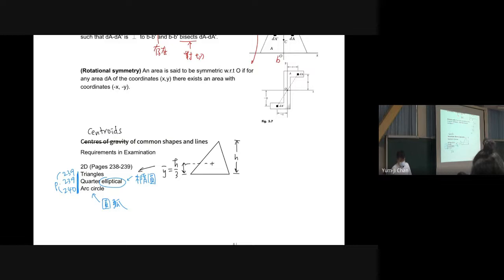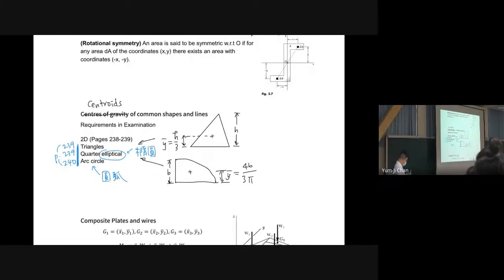Now, and for quarter elliptical, if the length of this side is b, then y bar is equal to 4b/3π. And for the last one is arc circle.